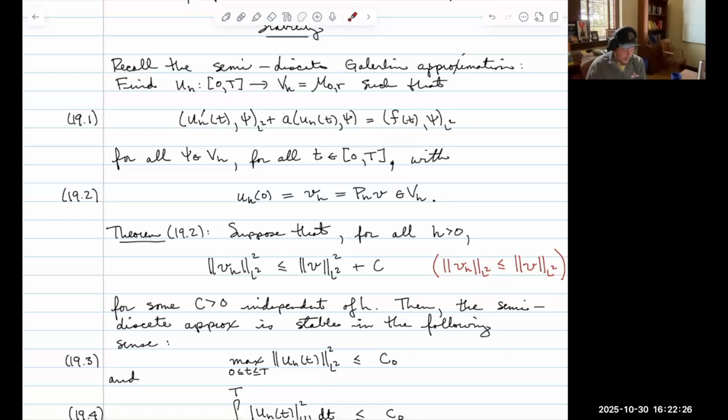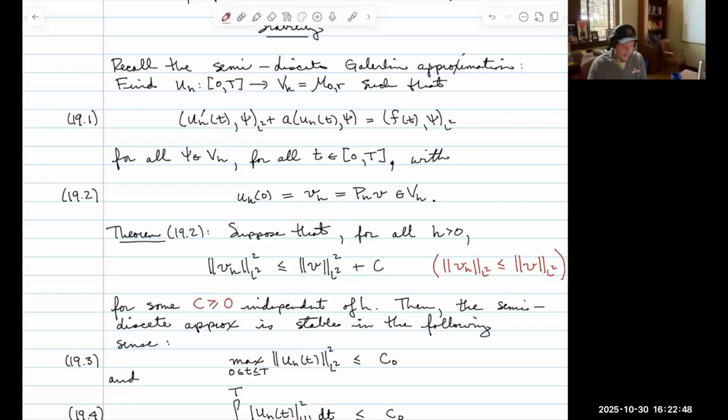Can I get this one from that? Yeah, I can get this one from this one just by supposing that C is actually equal to 0. So let's encode that and make sure that that's allowed.